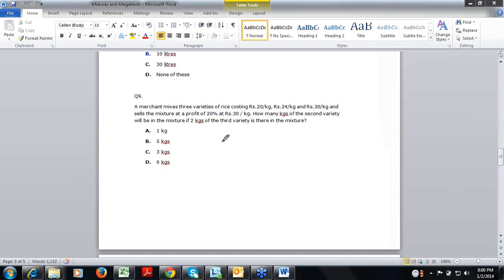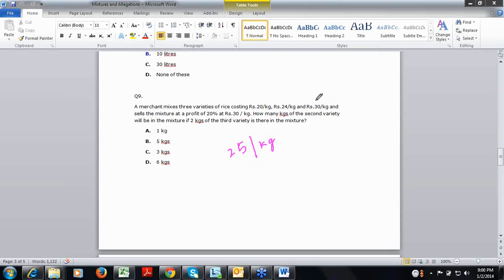So what will be the cost price? Cost price will be 25 rupees per kg.